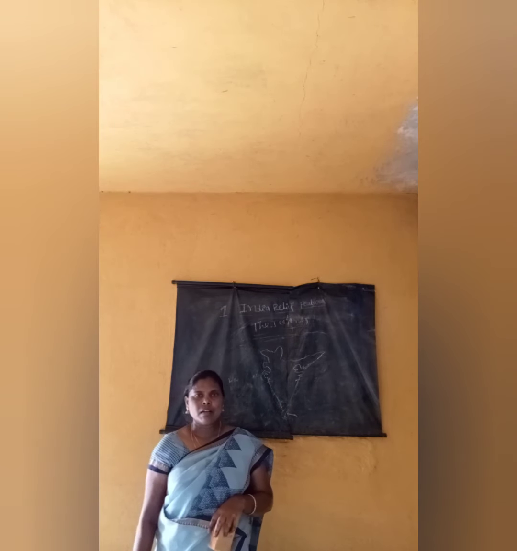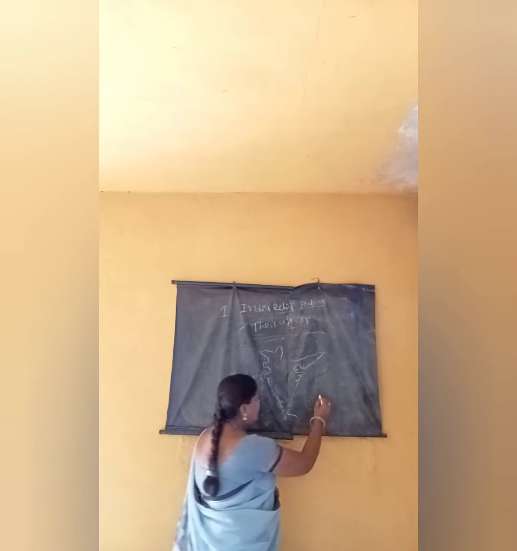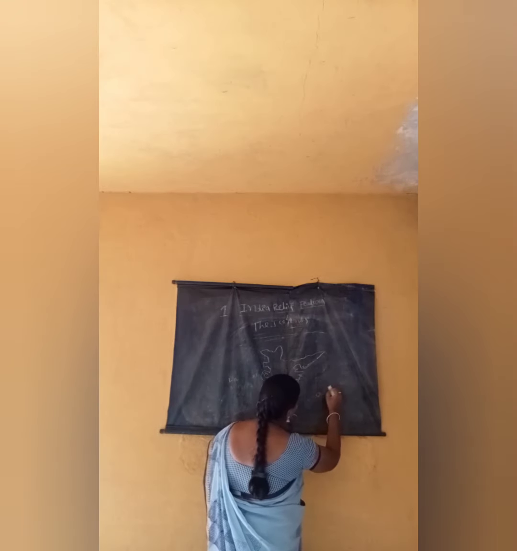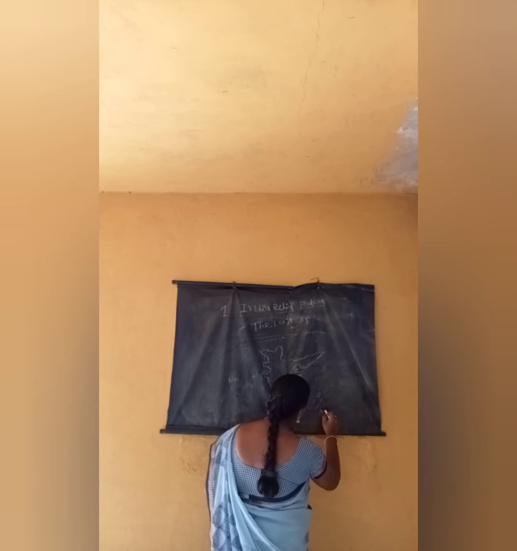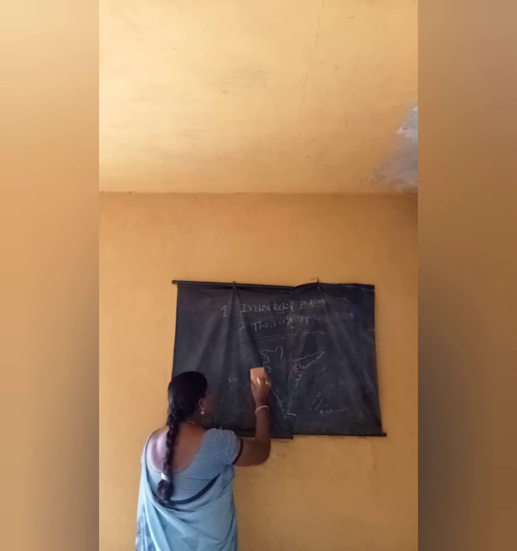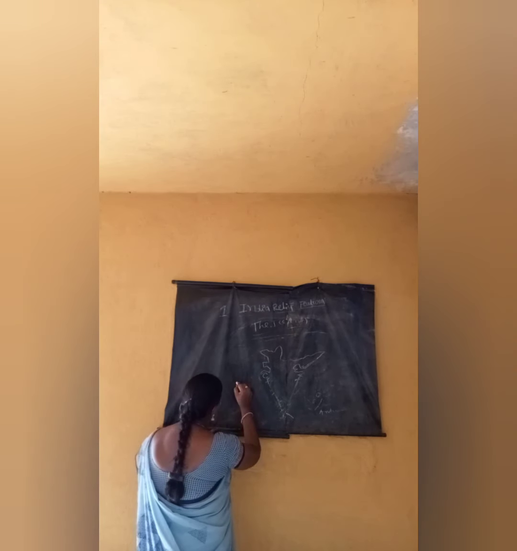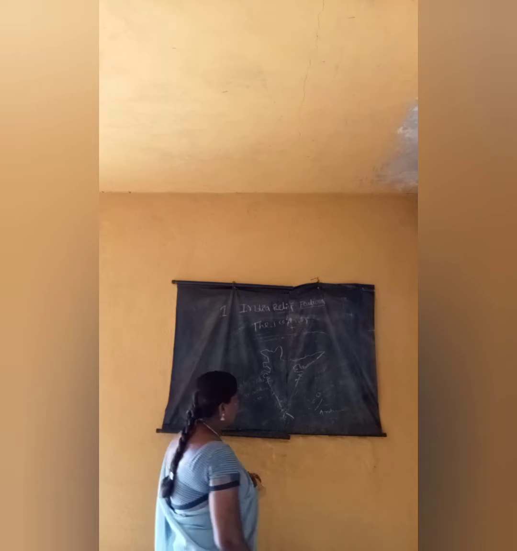So India has two groups of islands. Andaman Nicobar Islands in the Bay of Bengal, and Lakshadweep in the Arabian Sea.